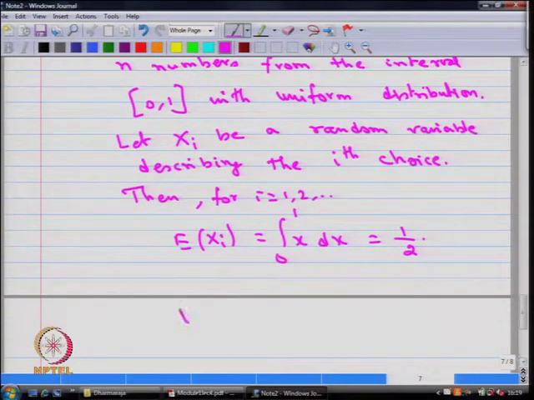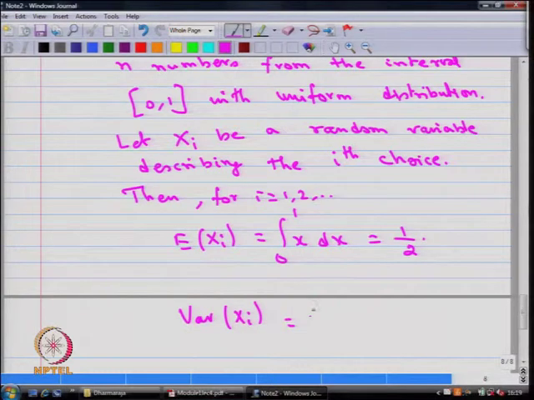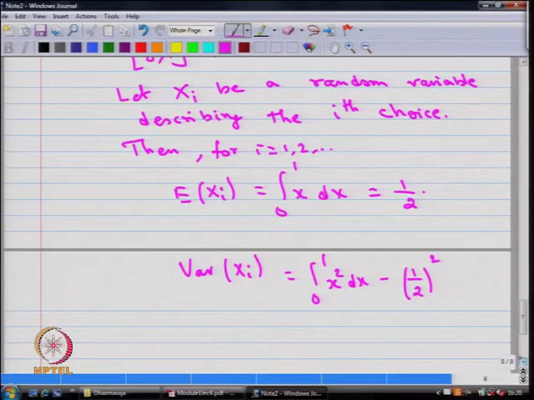Similarly, one can evaluate the variance of Xi's, that is nothing but expectation of x square minus expectation of x whole square. So, the expectation of x square is integral 0 to 1 x square dx.